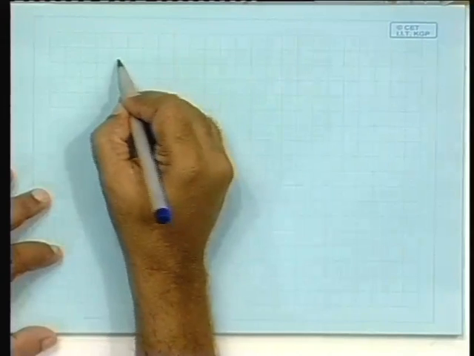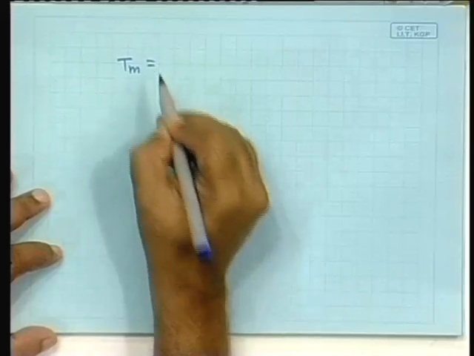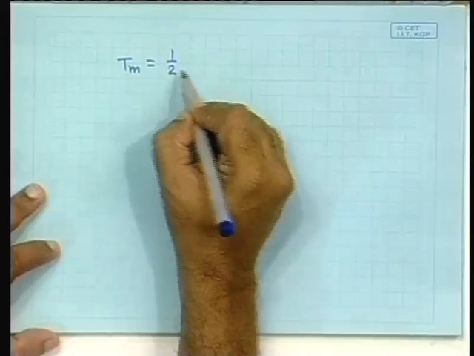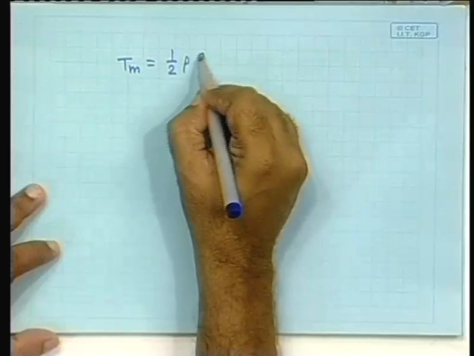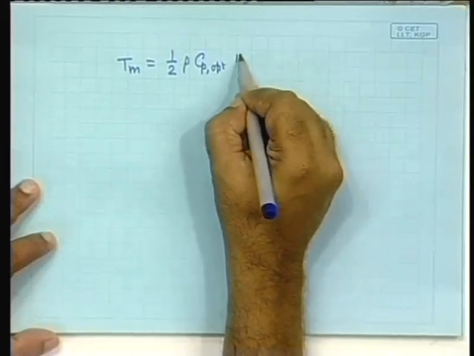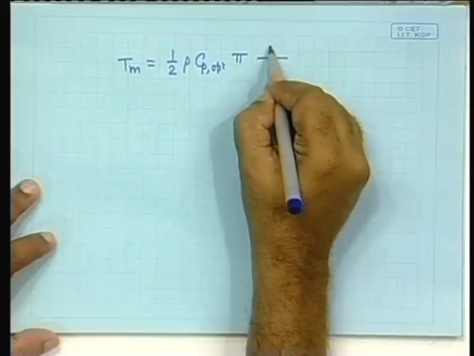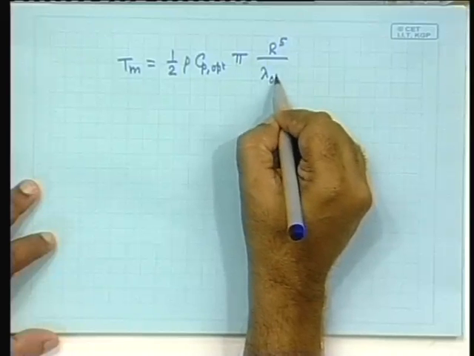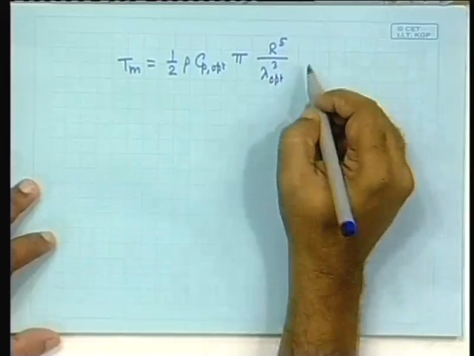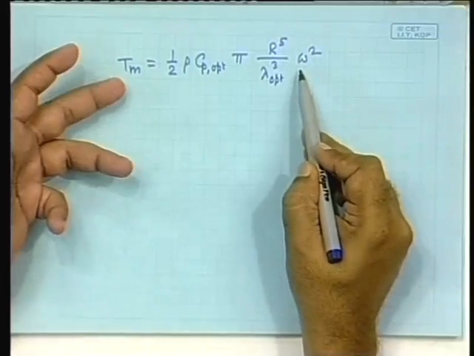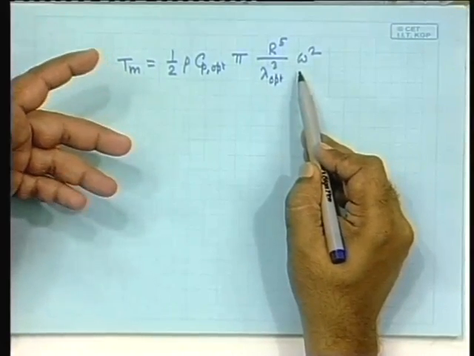So, the mechanical torque will then be given by, from the equation that I have just written, half rho Cp, again optimal I am taking, opt, pi r to the power 5 by lambda optimal cube times omega square. So, power by omega is torque.